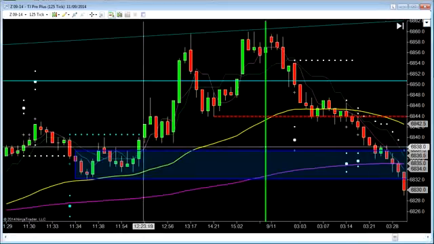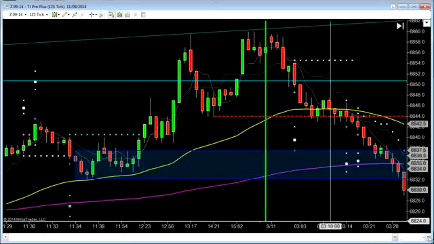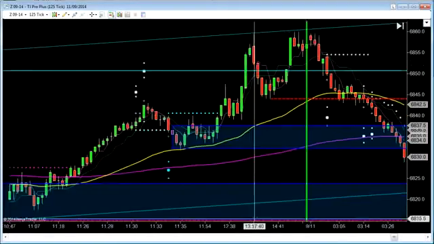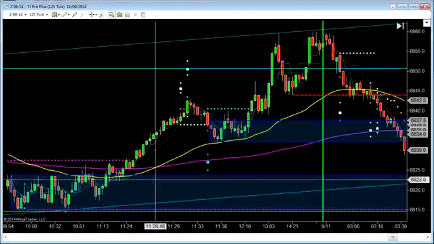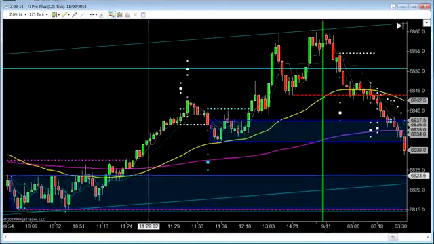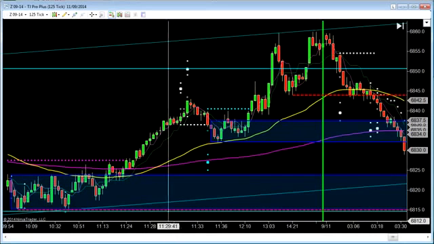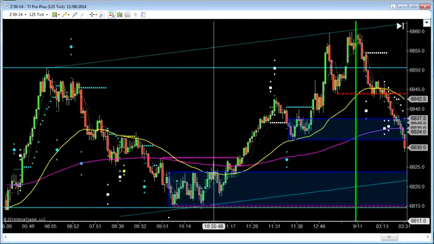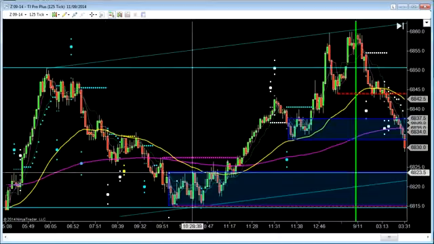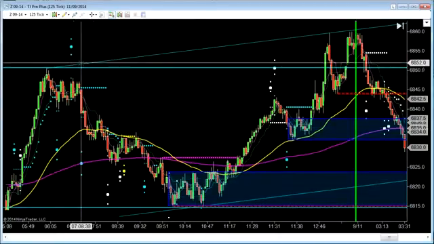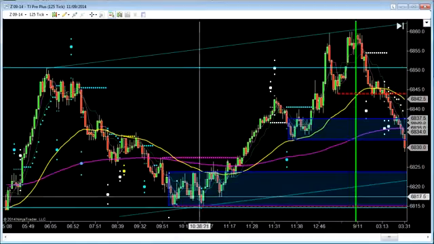So it's got through this area, and I'm looking for the target of the zone below. So down towards like the 23, 24 area, something like that. I've also drawn in a possible trend channel. It's not a good trend channel, I've just drawn it in as a possible channel.